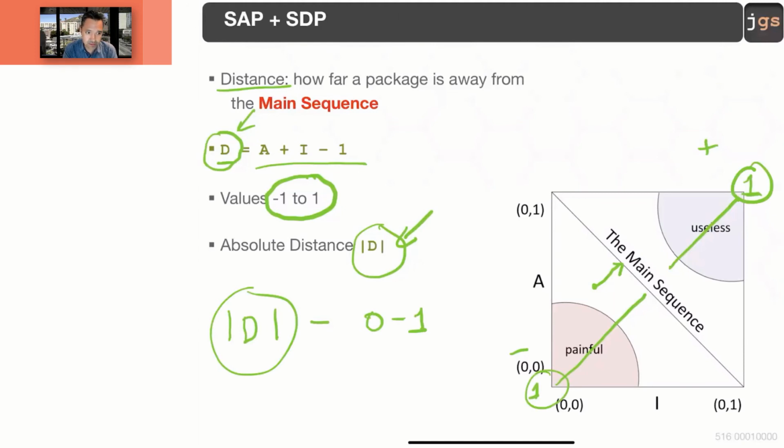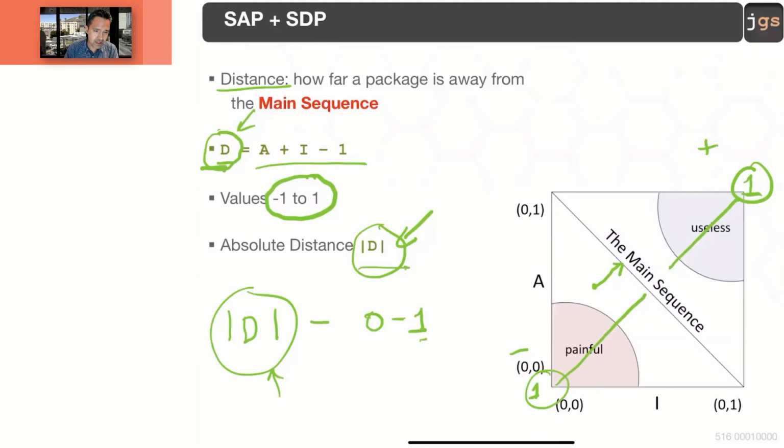In your exam, a common error: I am going to ask you, maybe some of you, to calculate distance. Others are going to have the same question or a similar question, but asking for absolute distance. They are not the same. Be careful. Distance with the bars or without the bars.